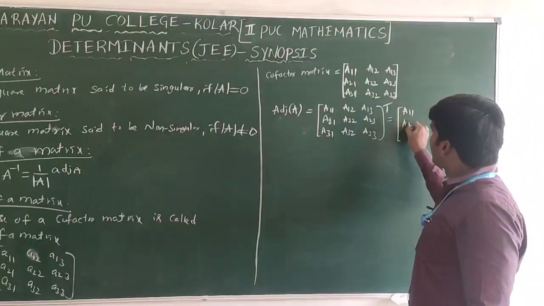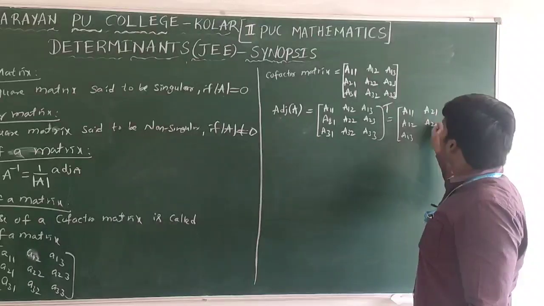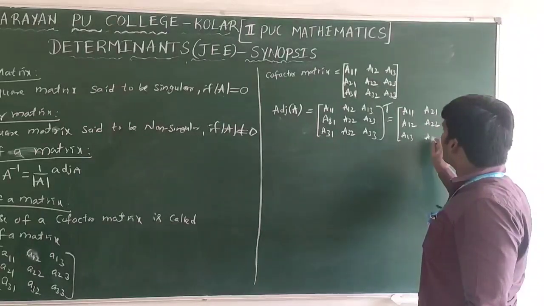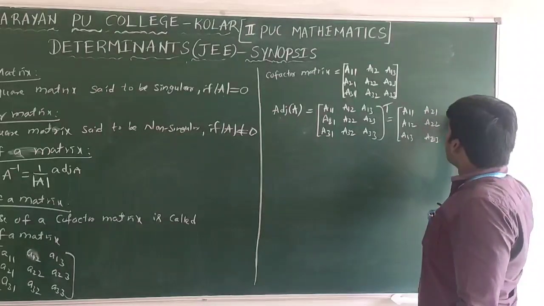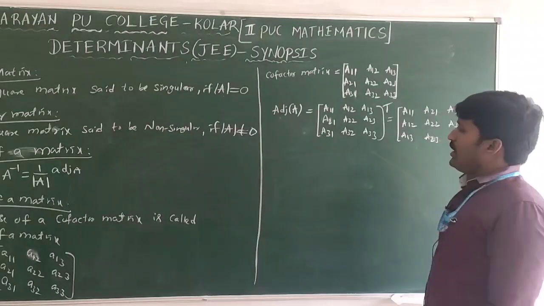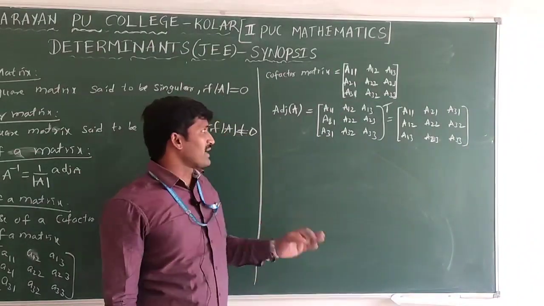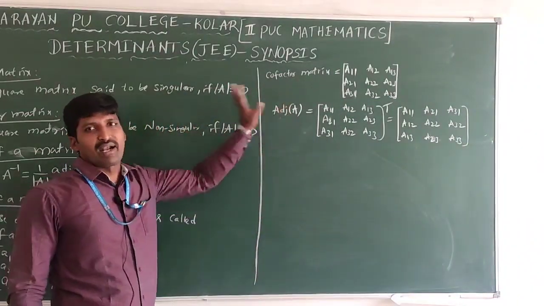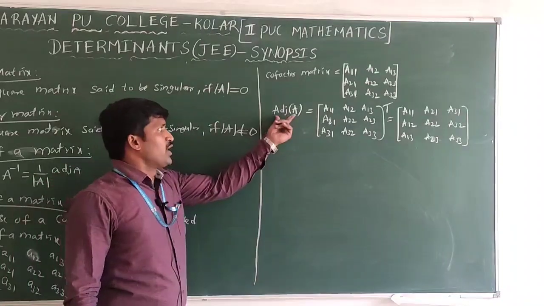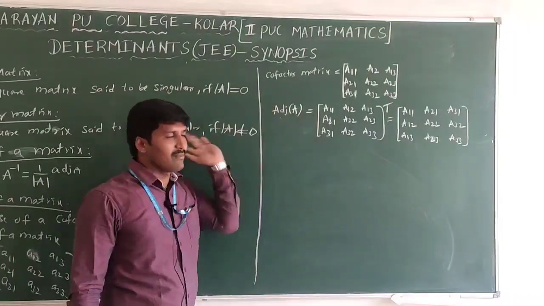Capital A11, capital A12, capital A13. Capital A21, capital A22, capital A23. Capital A31, capital A32, capital A33. Now, adjoint means the transpose of a cofactor matrix is called the adjoint of a matrix or adjoint matrix. Adj A is the adjoint of matrix A.